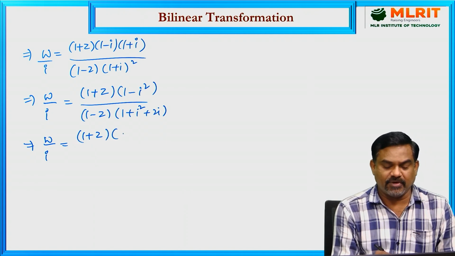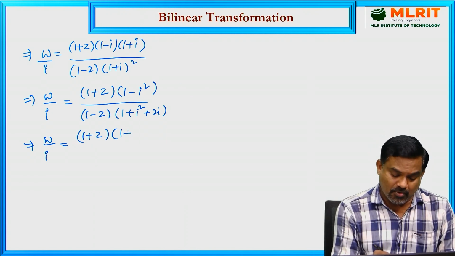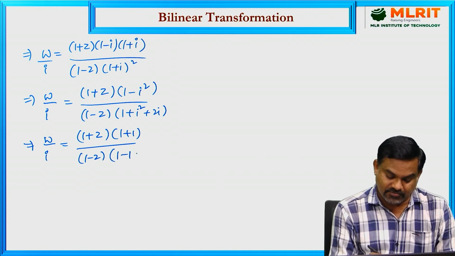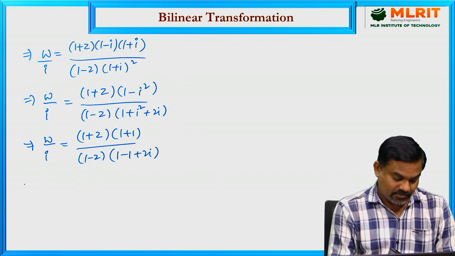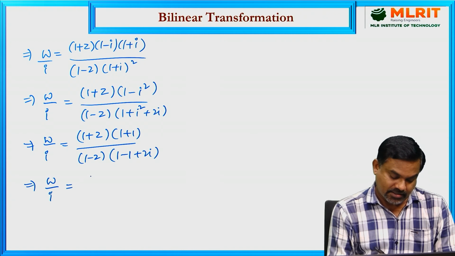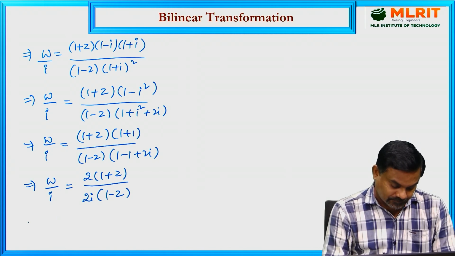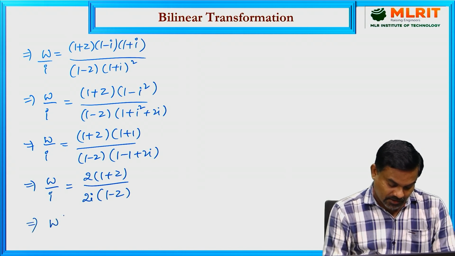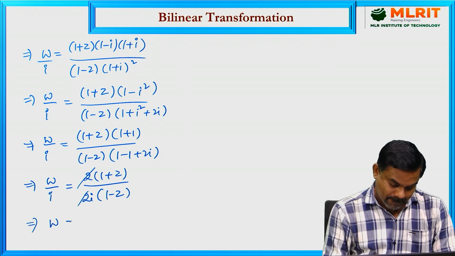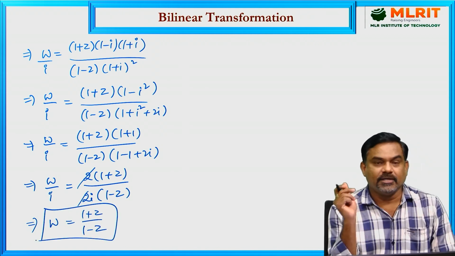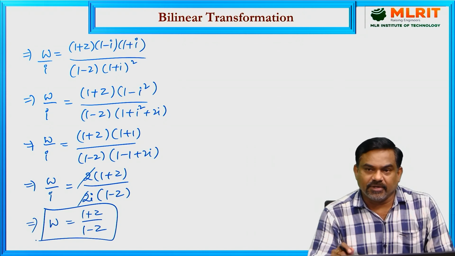We know that i² is minus 1. So w/i equal to (1 + z)(1 + 1)/((1 − z)(1 − 1 + 2i)). So we get 2(1 + z)/(2i(1 − z)). So this is w = (1 + z)/(1 − z). This is the bilinear transformation of the given points.